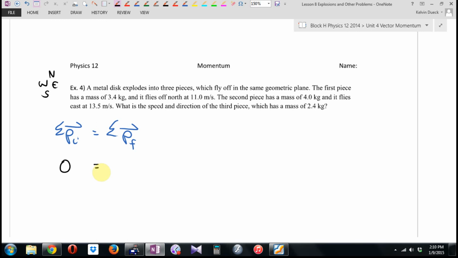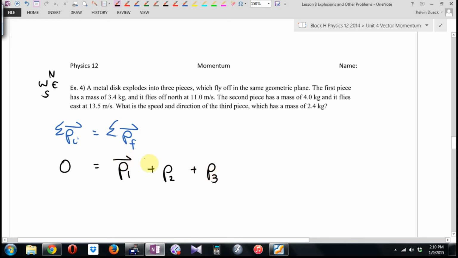Stuck together or separate? Directions in this question? Yep. Draw a picture.